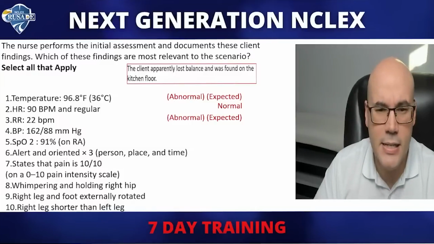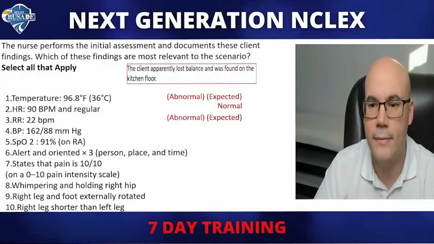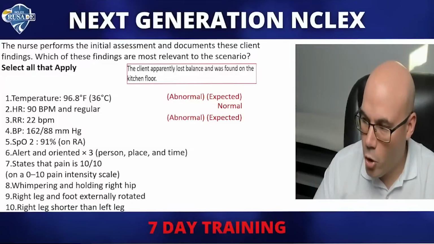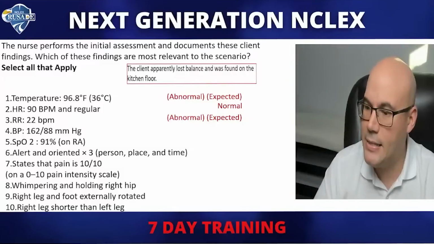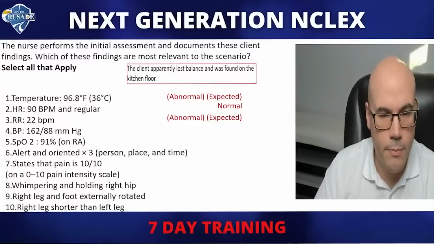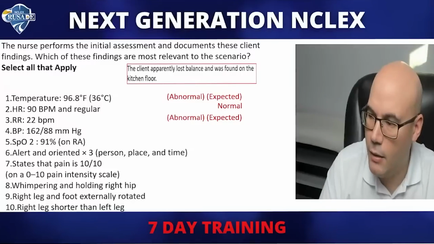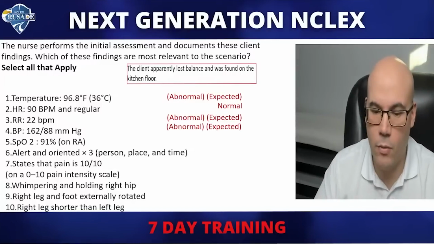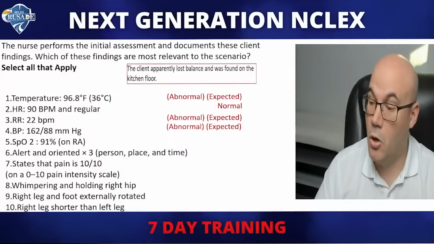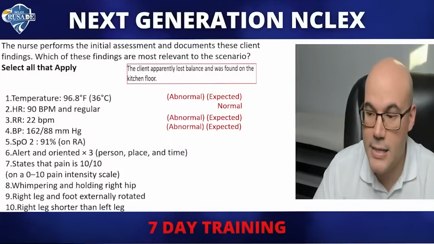So if the patient is in severe pain, do you think the respiratory rate could be somehow affected? Yes. So abnormal expected would be the analysis for answer 3. Answer 4, a little bit of hypertension, 162/88. The same thing. Abnormal but expected. Why? The patient fell, severe pain. So this will be an expected finding in a patient who fell down and is in severe pain.